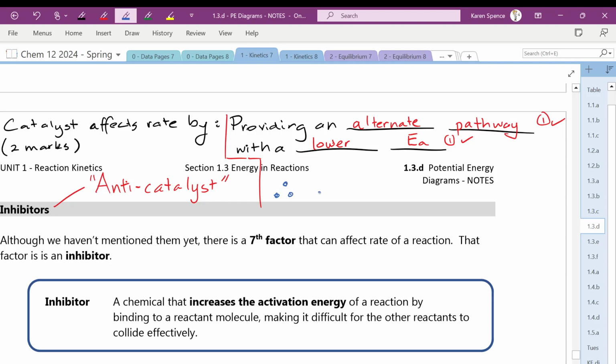Yes, therefore, a larger percent of collisions, and that would be worth 0.5.